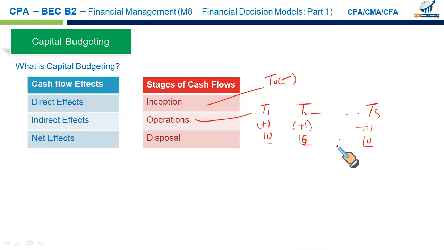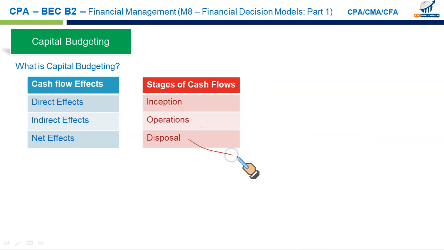And then finally, the last stage of cash flows is the disposal stage. This is the stage where the project will complete its life, so we may have to dispose of the asset. Remember what we did at the inception, there was gain or loss on disposal. It must be considered on an after-tax basis. Similarly, when we dispose of the asset at the end of the life of the project, there will be an inflow on disposal, and this disposal might result in some gain or some loss.